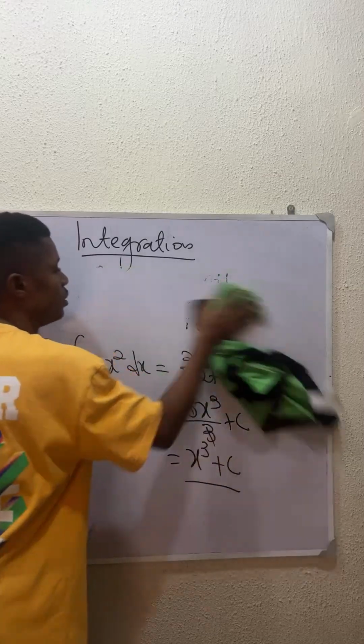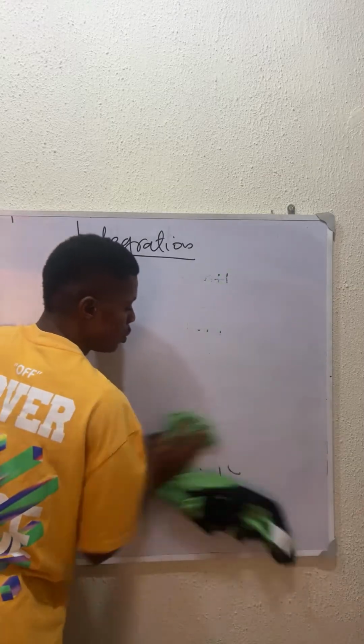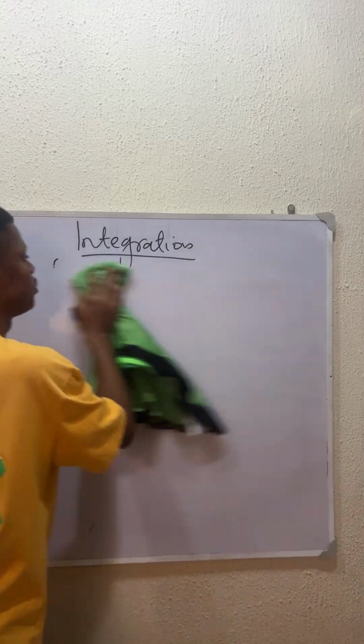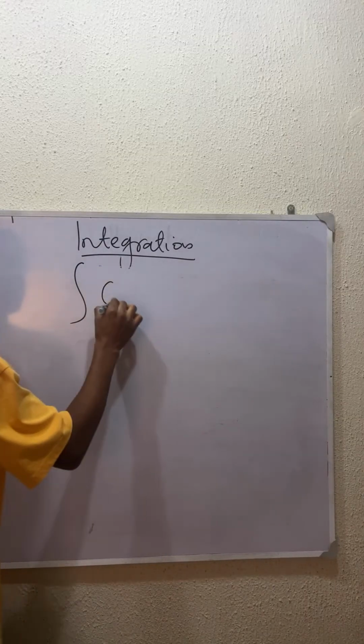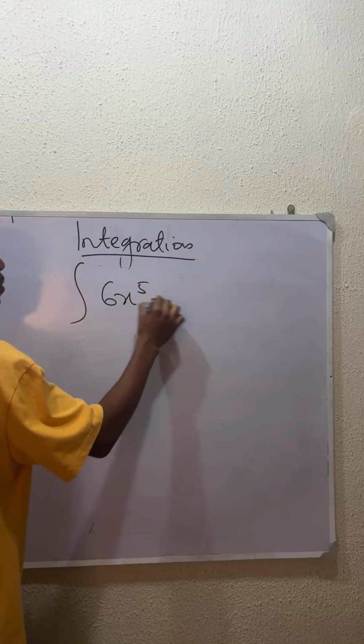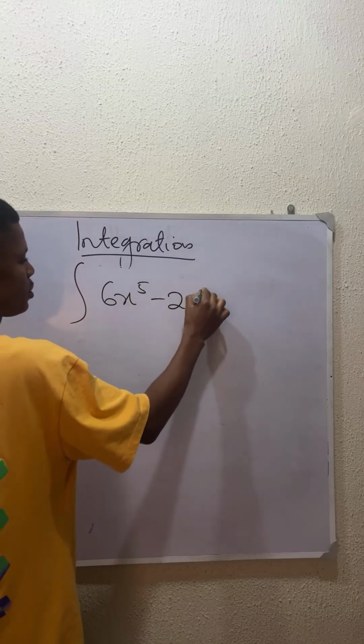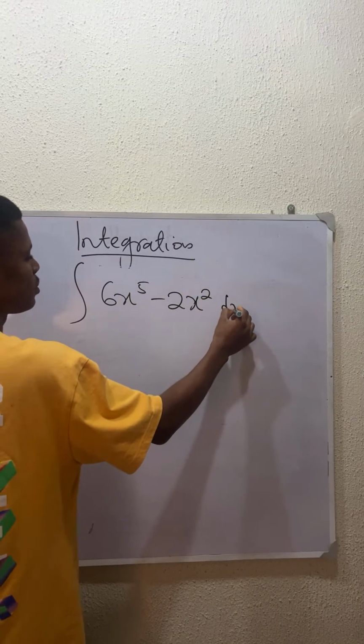So let's continue again. Let's say we are told to integrate a function like 6x power 5 minus 2x squared with respect to x.